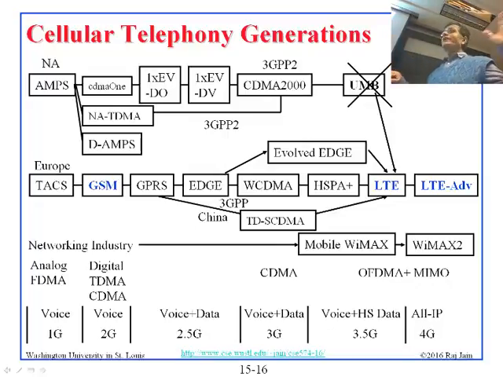But anyway, what happened was there were two organizations, 3GPP and 3GPP2. Third generation partnership project. 3GPP2 was for America and 3GPP for Europe and the rest of the world. And in the middle there is a fork here, China. This is the fork I was talking about earlier.